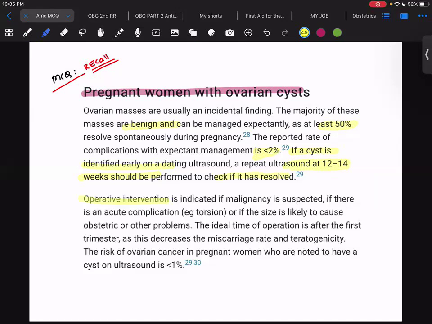Operative intervention: they will ask you the patient has an ovarian mass, and when should we go for the operation, the oophorectomy or whatever it is.